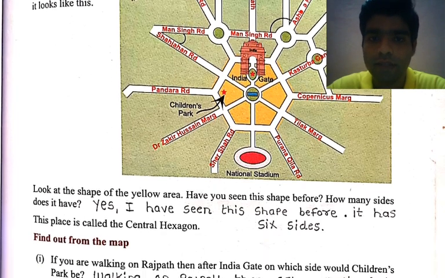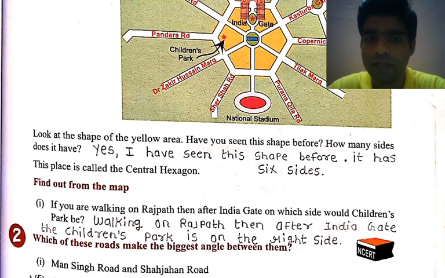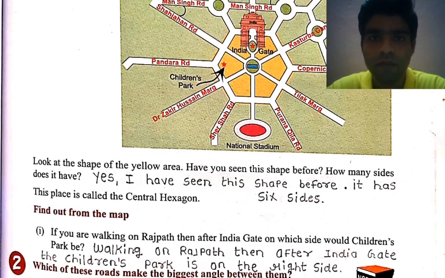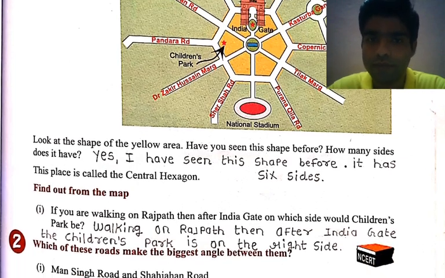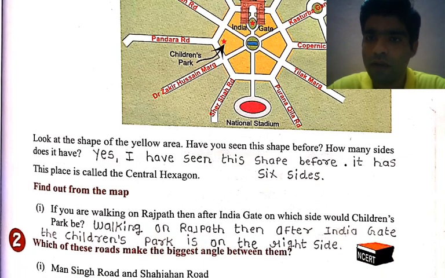So your answer is: if walking on the Rajpath, then after India Gate, the Children Park is on the right hand side. This is found by using the map. Now let's start the next question.